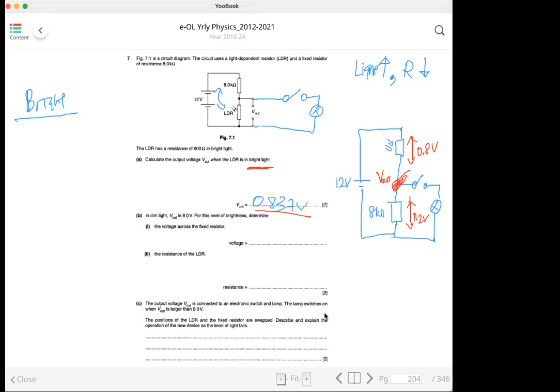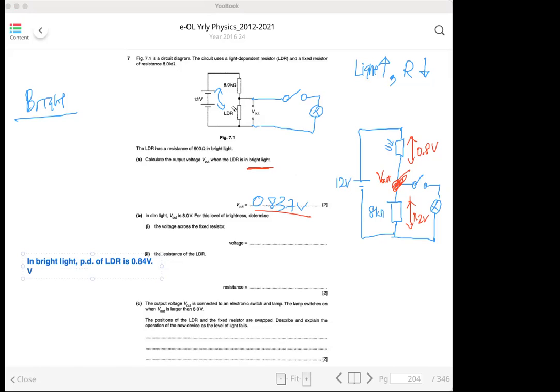Okay, so let me explain to you, based on the way you answered earlier on. In bright light, the PD of the LDR is 0.84 volt.